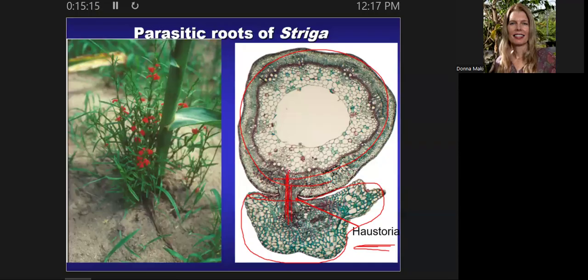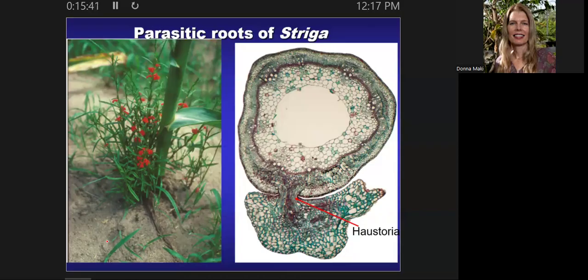This is more of a parasitic relationship because they know that Striga is sucking away the nutrients from the corn. And so in order to do all of this, in order to hook into the corn stem like that, strigolactones are involved in that process. And so Striga is making the strigolactone to become a successful parasite, not good for the corn plant.